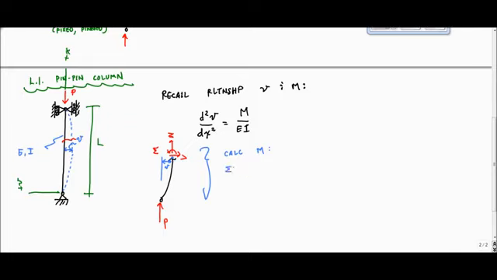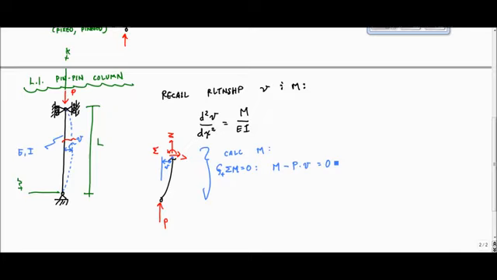Sum of moments equal to 0: M minus P times v equals 0. Okay?